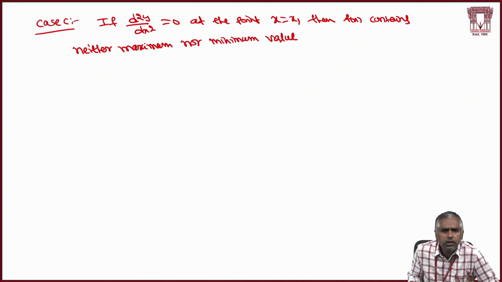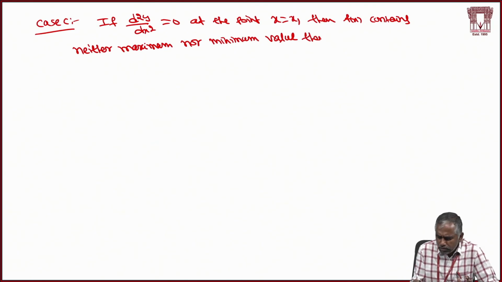So according to case C, if d square y by dx square equal to 0 at the same stationary point x equal to x1, then we can conclude f of x contains neither maximum nor minimum value.